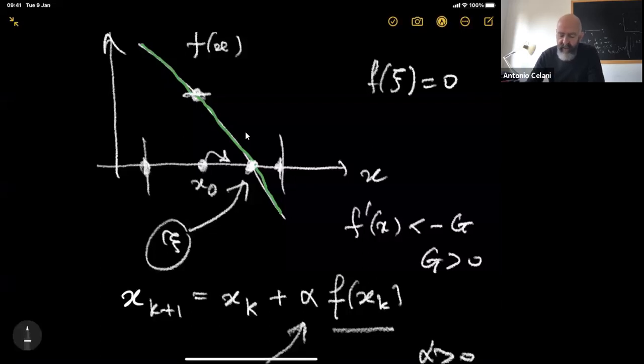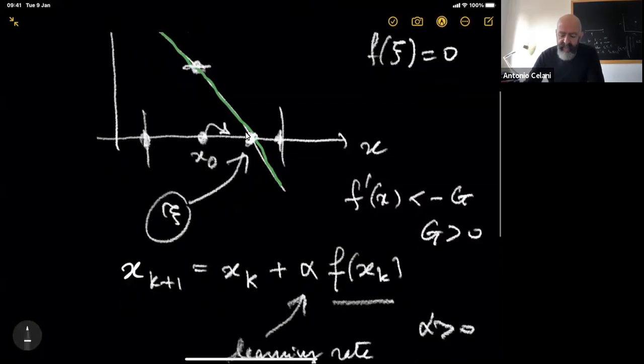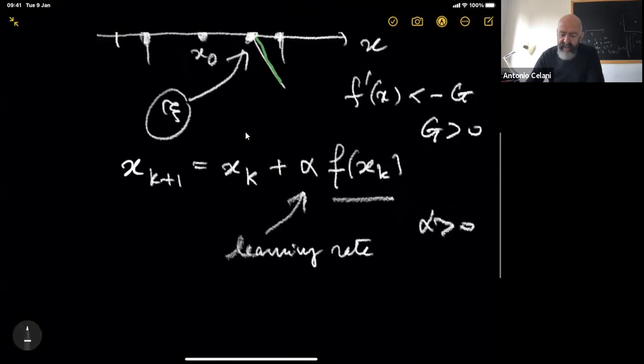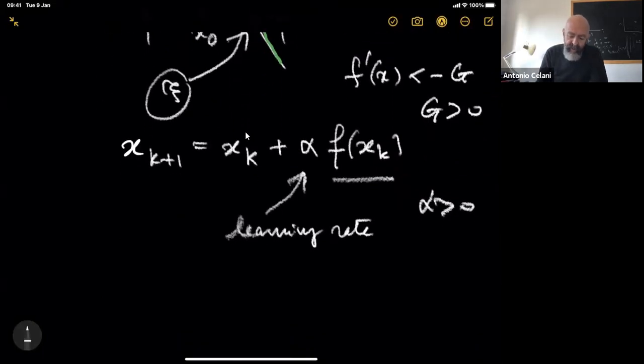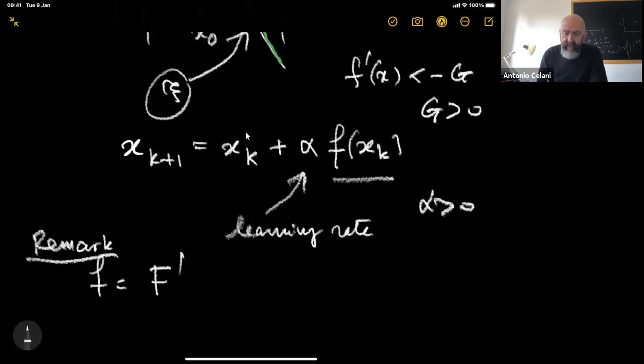Okay, so so far so good. And now this is a good point to make an important connection with something you might be familiar with. And the connection comes here. Just suppose we assume now, okay, so this is a remark, that our f function is actually the derivative of another function.